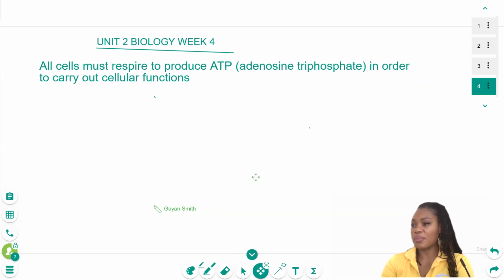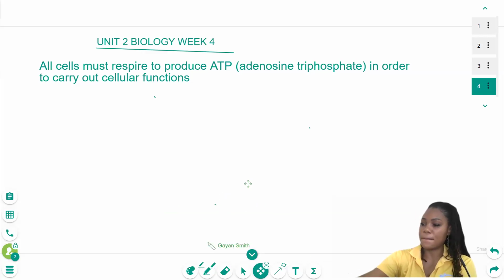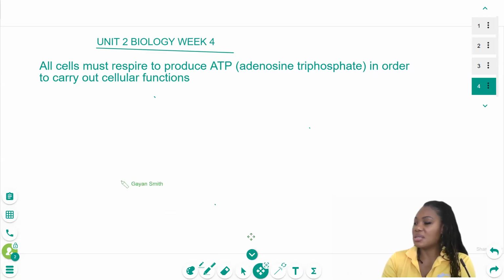And you might be wondering, what are some of the functions that the cell requires energy for? So let's look at some of the processes that the cell needs energy for.